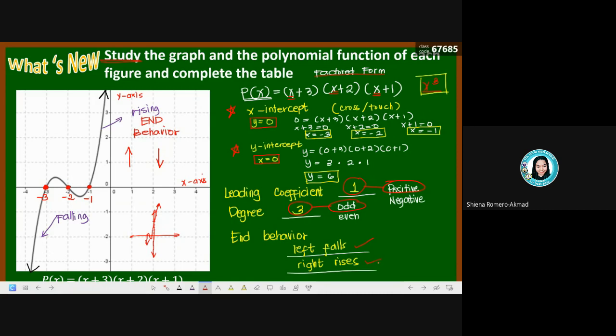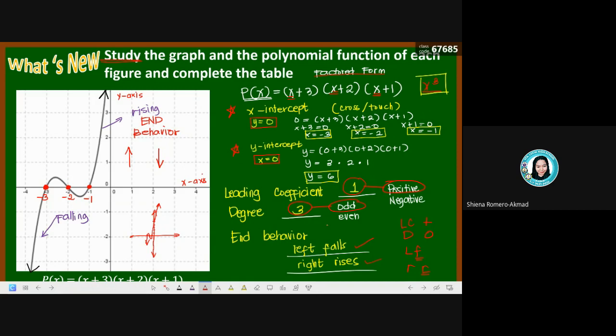So pag ang LC mo ay positive, ang degree mo ay odd. Therefore, left falls and right rises. So, palatandaan lang to. Okay? So, paano naman kapag ang degree ay even? Paano naman kung the leading coefficient is negative? And so on and so forth.